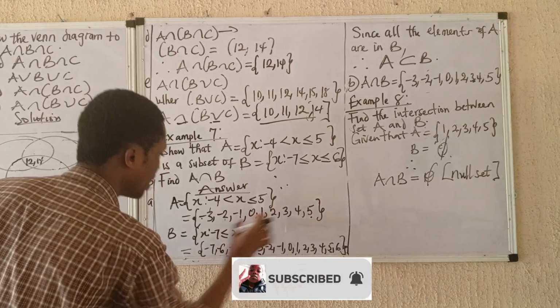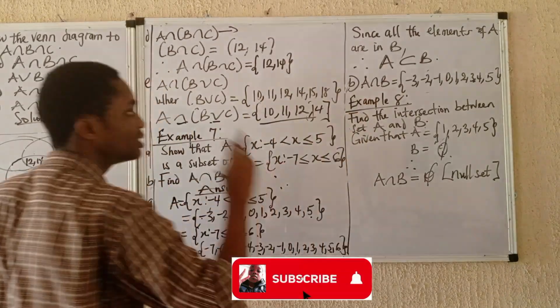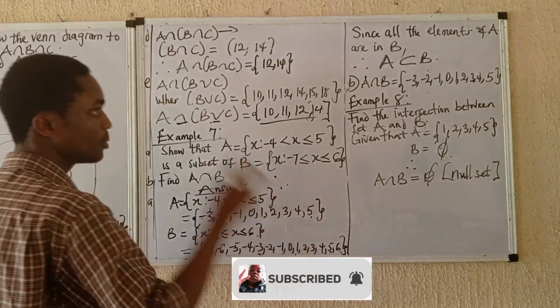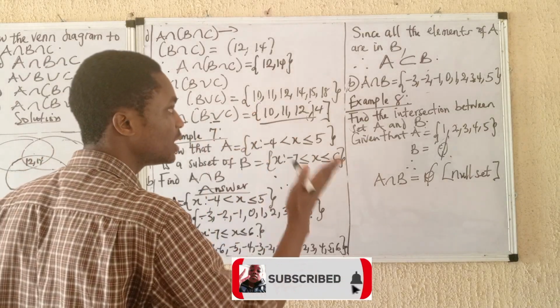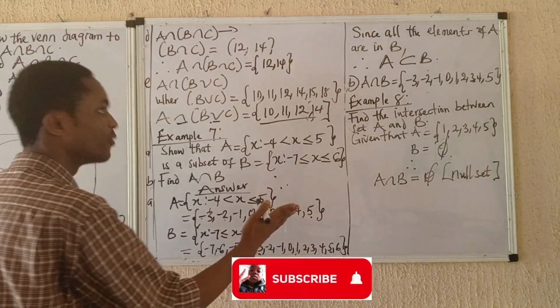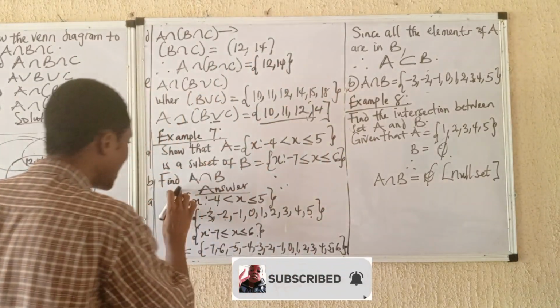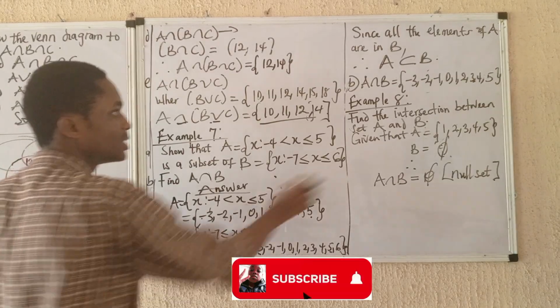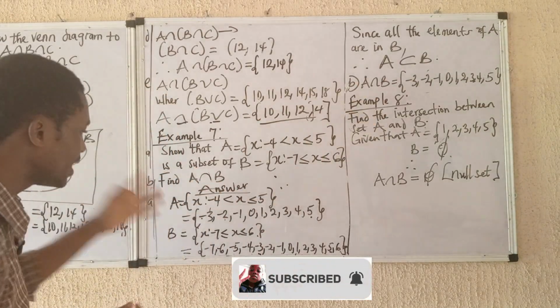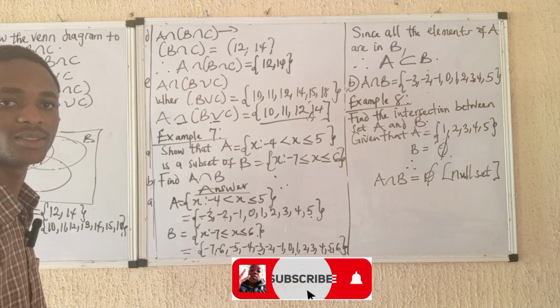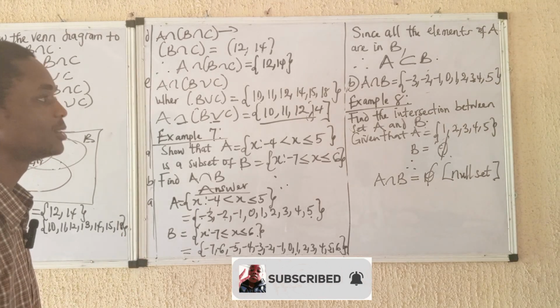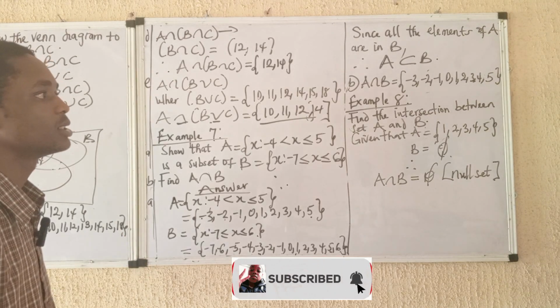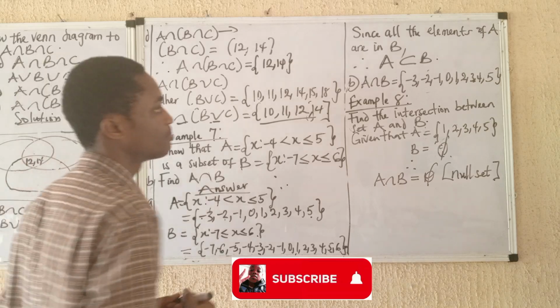The common elements are -3, -2, -1, 0, +1, 2, 3, 4, and 5. So this is the intersection of set A and set B. This is the answer, because set A is contained in set B. Very easy, and that is how to do questions like this.